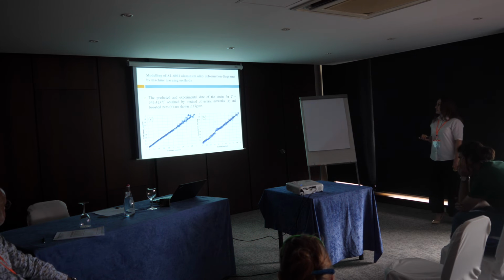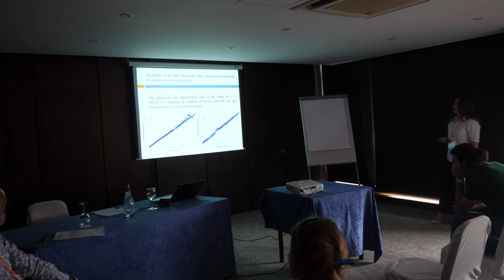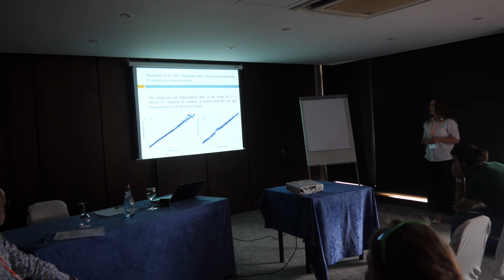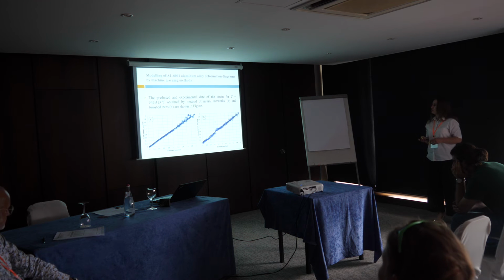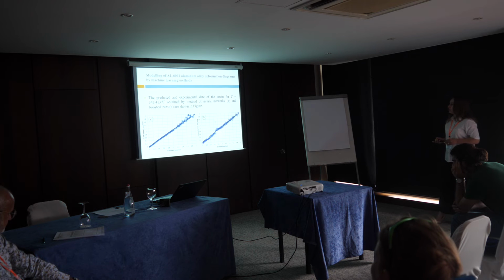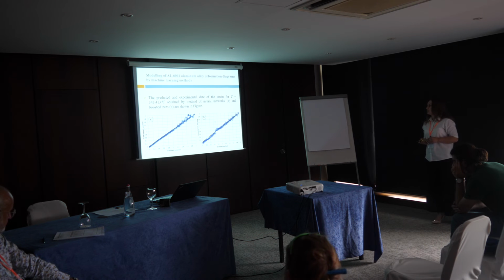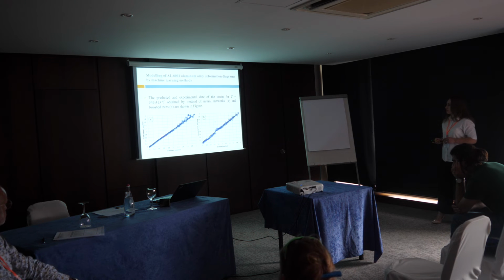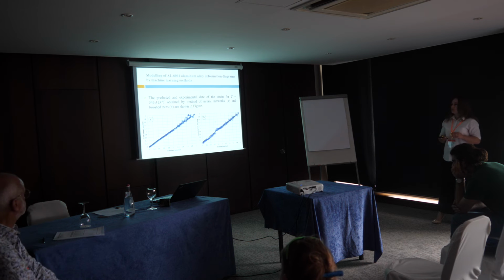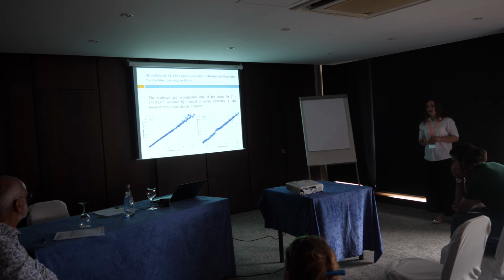So here you can see the predicted and experimental data of the strain for these temperatures obtained by the methods of neural networks and boosted trees. It should be noted that the points in these figures are quite close to the bisector of the first coordinate angle, which confirms that our experimental and predicted data are in good agreement.